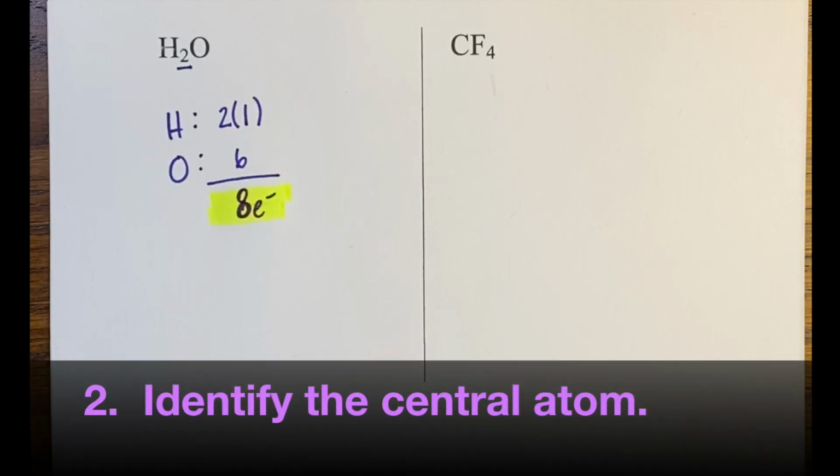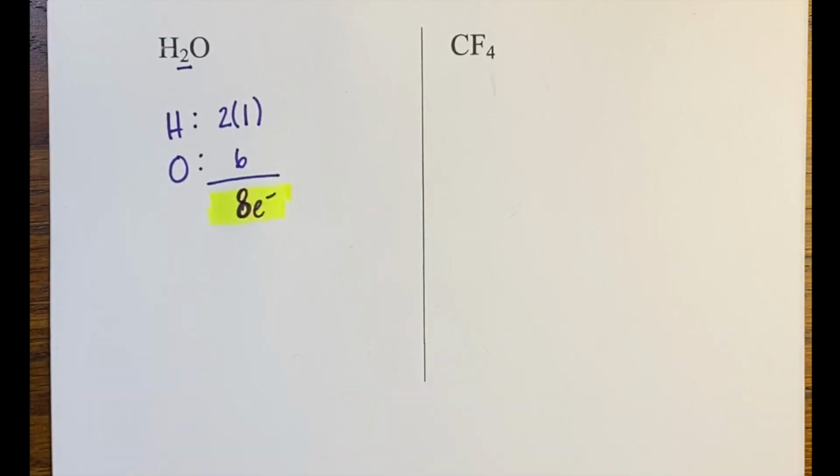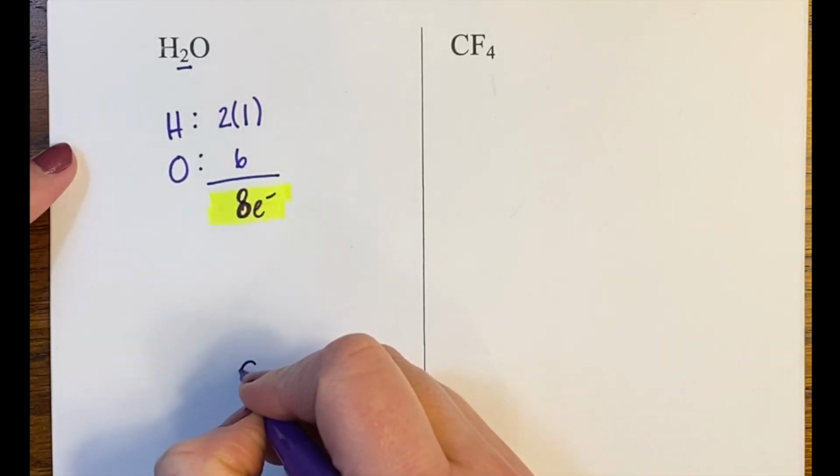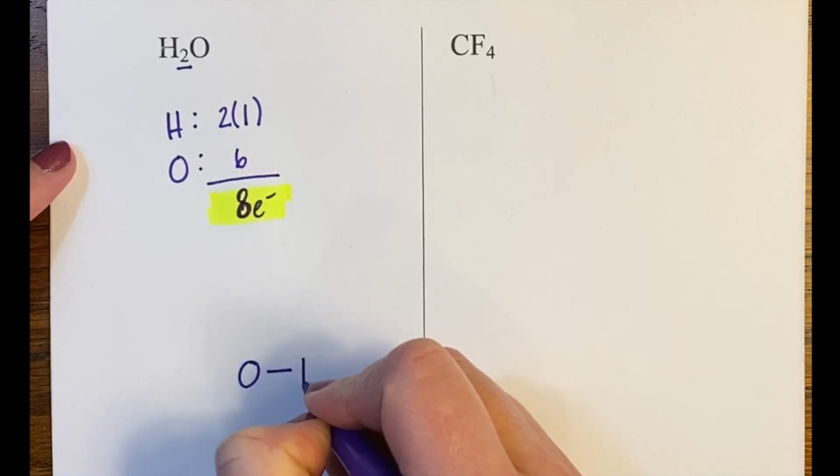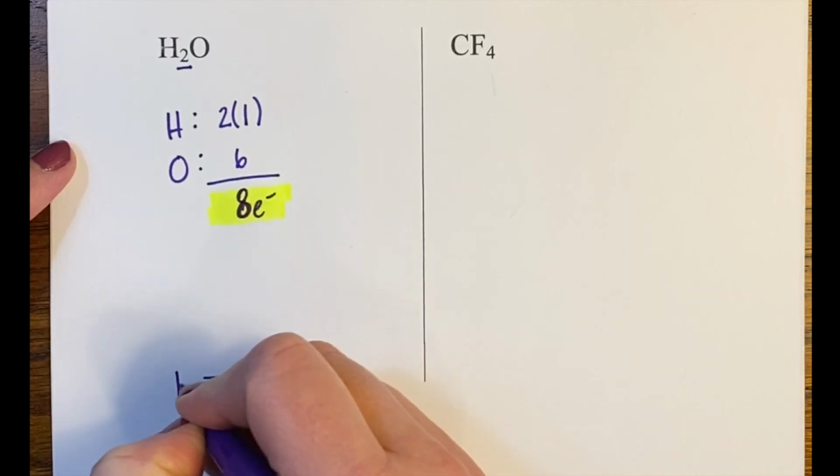My next step, number 2, tells me to identify the central atom in the molecule. And so between hydrogen and oxygen, I need to make a choice on my central atom. This is an easy choice because one of the things we discussed with rule number 2 originally is the simple fact that hydrogen cannot be a central atom. That means that in this structure, my oxygen will be in the middle and I'm going to bond my 2 hydrogens to it.